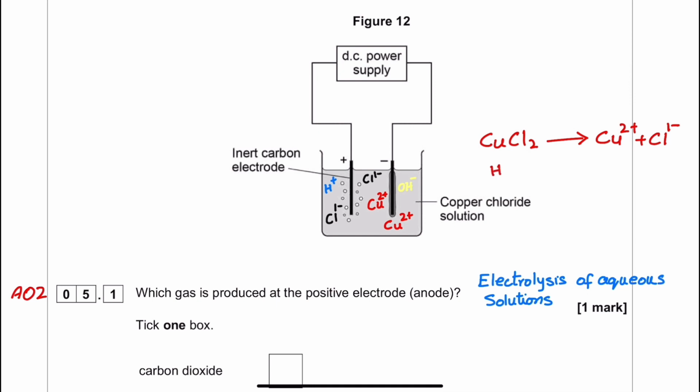Similarly, the water molecule also dissociates into H+ and OH-. So in the solution, we have a couple of ions present, copper ions, chloride ions, hydrogen ions and hydroxide ions. They are present in the copper chloride solution.